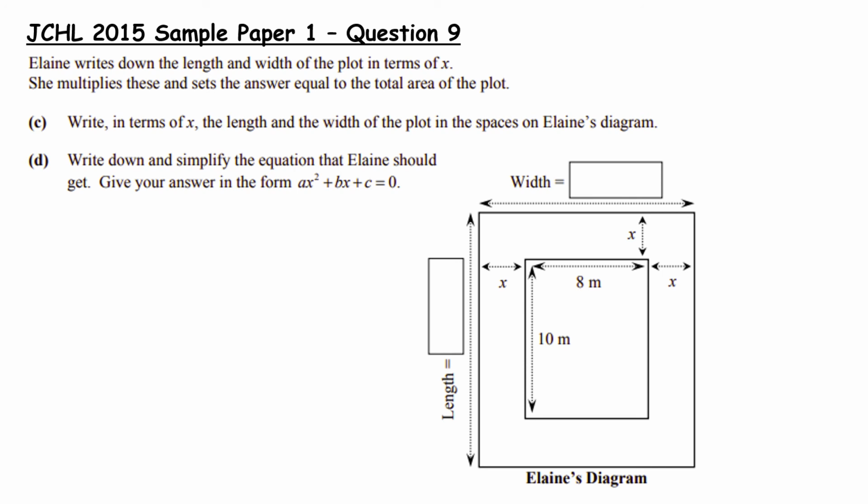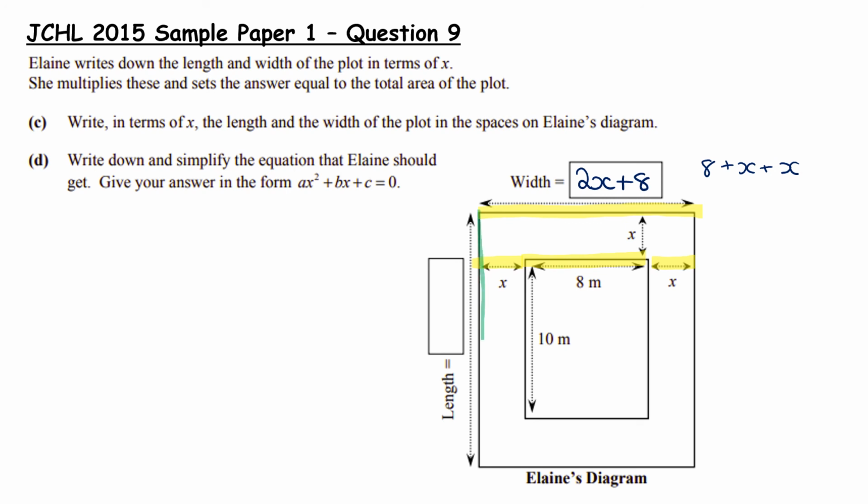Okay, so here we have the width. The width will be 8 plus x plus x, so I'm going to write that as 2x plus 8. 8 plus 2x is also absolutely perfect.